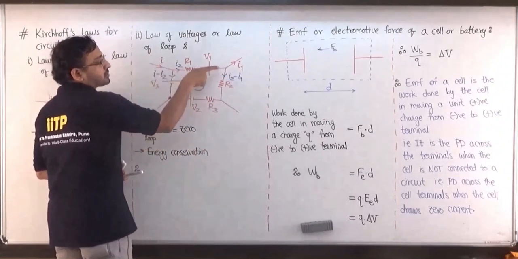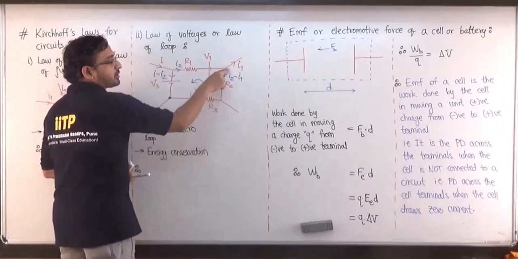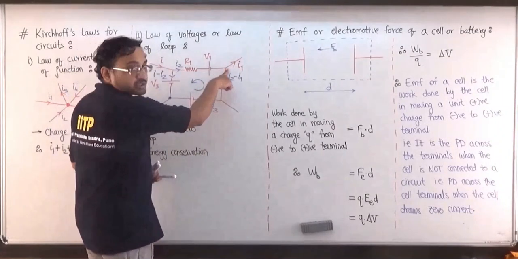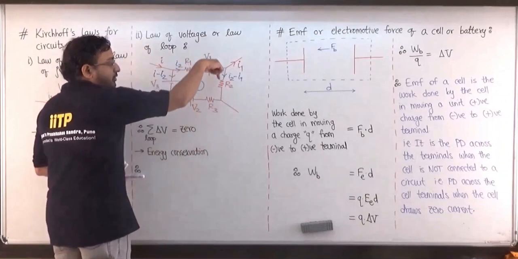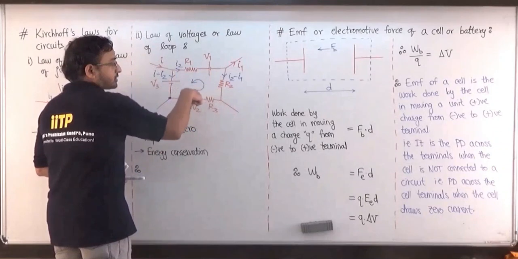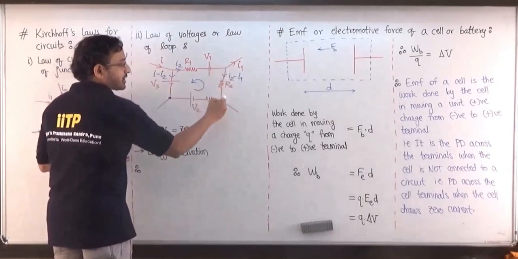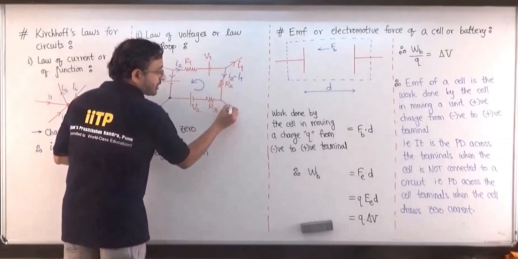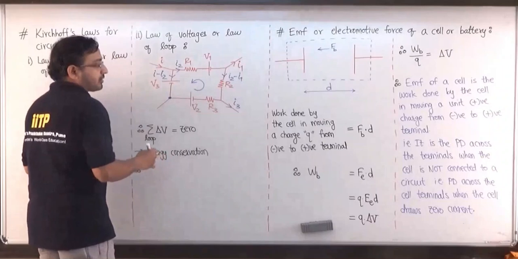So current I2 comes here, I1 goes like that, and I2 minus I1 goes like that. Again I am using the junction rule, or Kirchhoff's current law, for this junction. So now I2 minus I1 comes here, and some current I3 goes away like this.